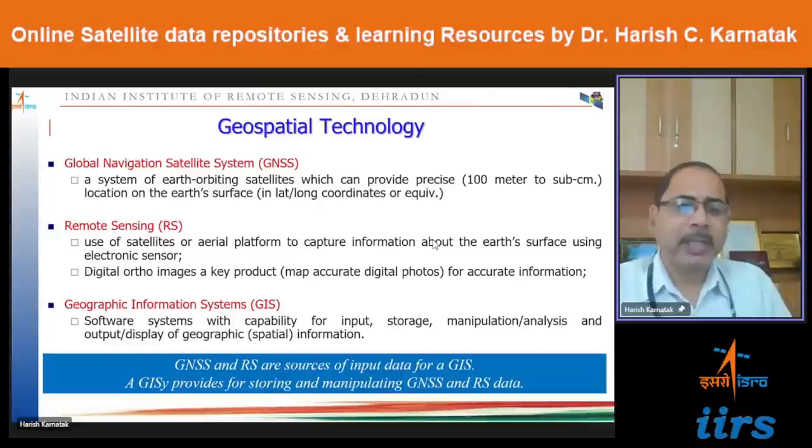Then we process this data, and correct these images with respect to height, and this correction of images with respect to height is known as digital orthorectification. And once these data products are available, we can use them basically for mapping purposes. So we can generate beautiful maps by using this data.